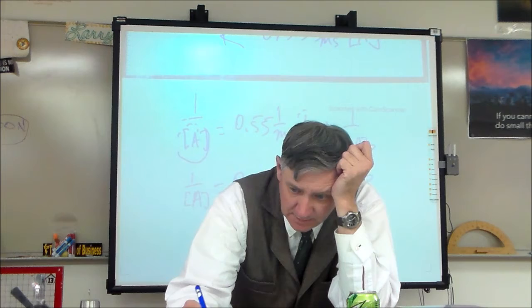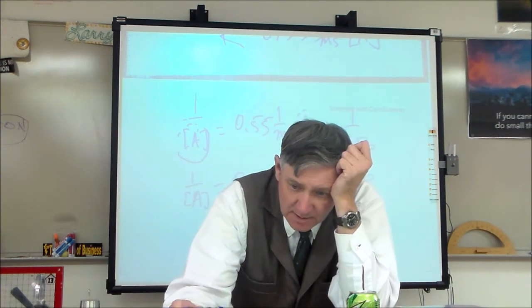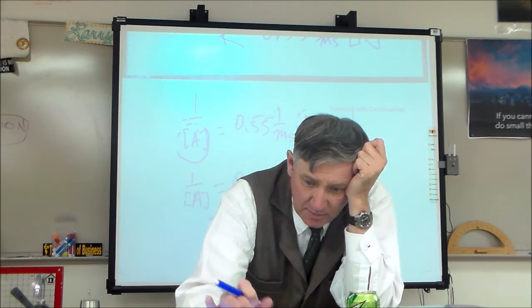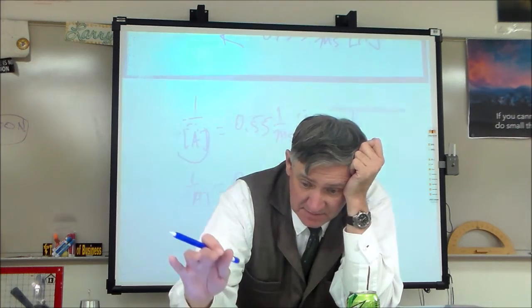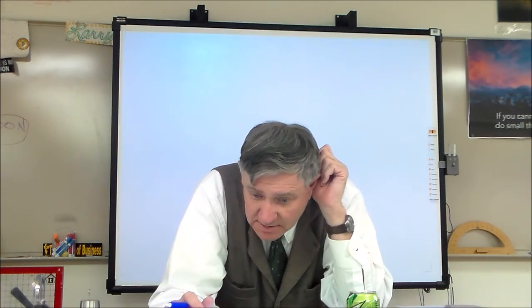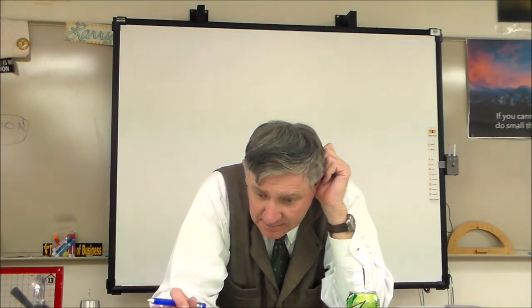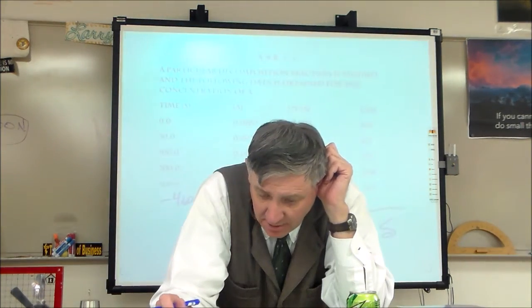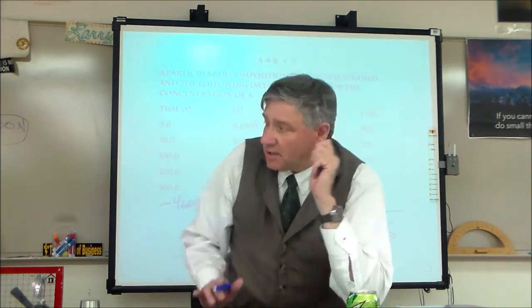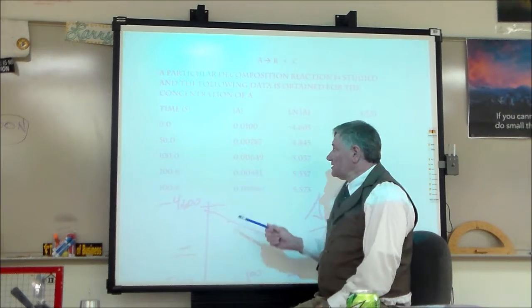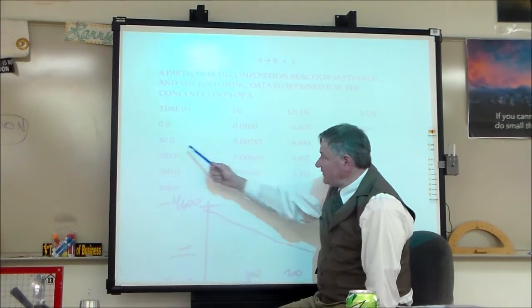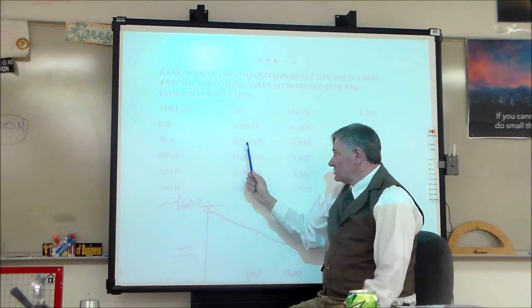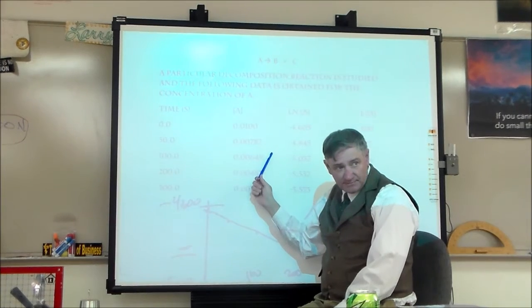Now remember that number, okay? 7.1 times 10 to the negative third. So if I look at my chart, look at this. At 50 seconds, my concentration was 0.00787.